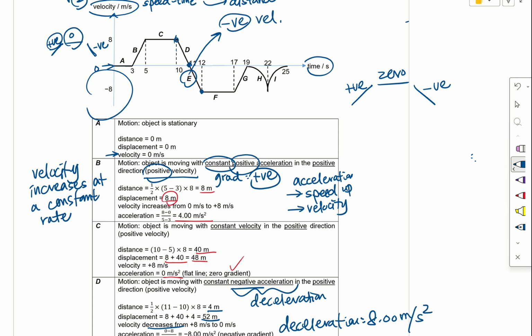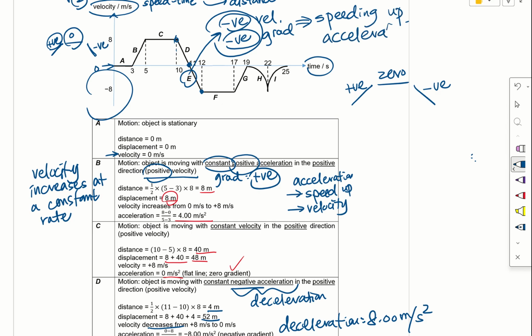Okay, so now we compare the gradient with the velocity. Velocity is negative. The gradient is also negative. So the velocity is negative, the gradient is negative, which means the acceleration is negative. Both are in the negative direction. This will mean that the object is speeding up or accelerating. If you look at the values of the velocity, it went from 0 to negative 8.